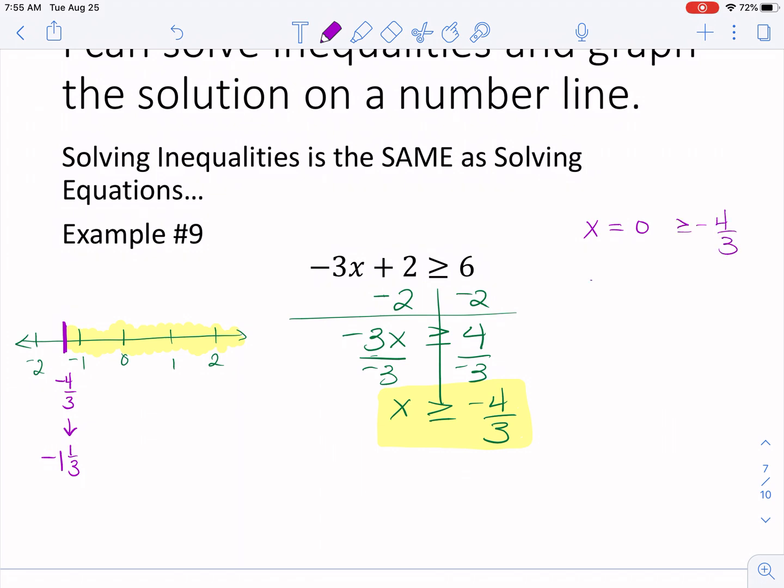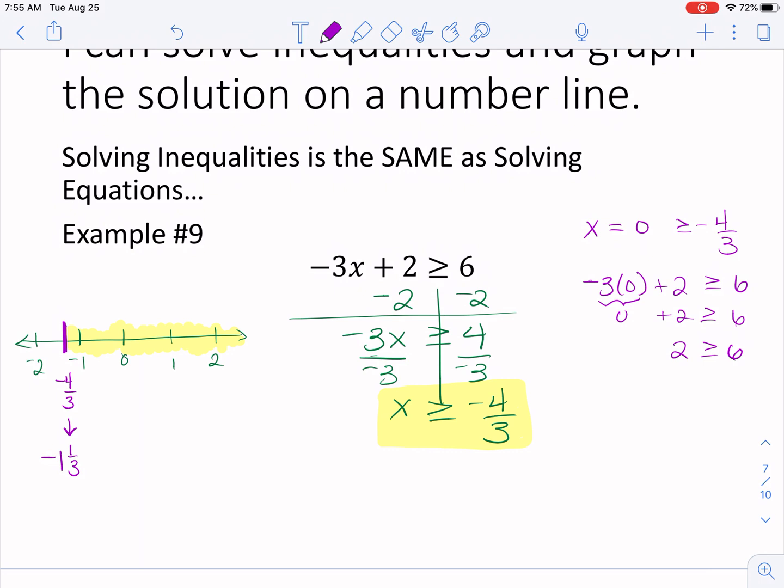All right, so I'm going to substitute in. Negative 3 times 0 plus 2 greater than or equal to 6. Well, this is 0 plus 2 greater than or equal to 6. 2 greater than or equal to 6. Wait a second. 2 is not greater than or equal to 6, is it?